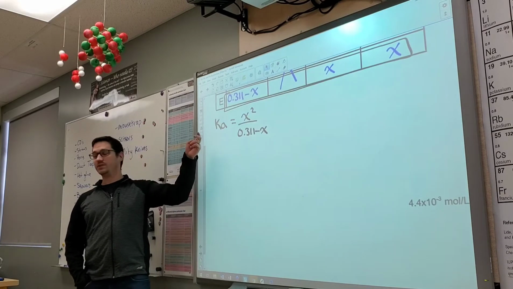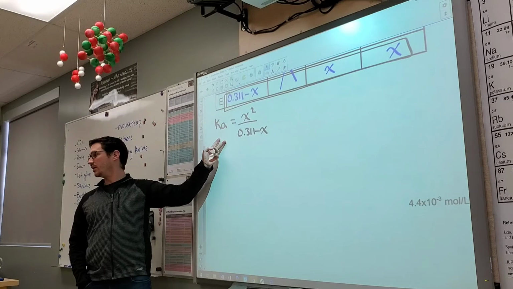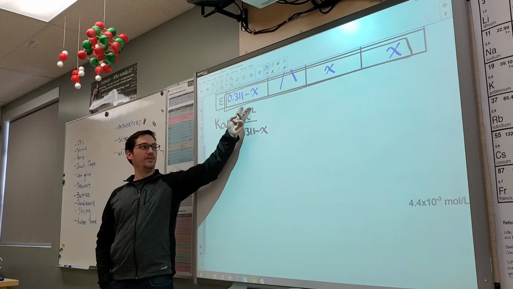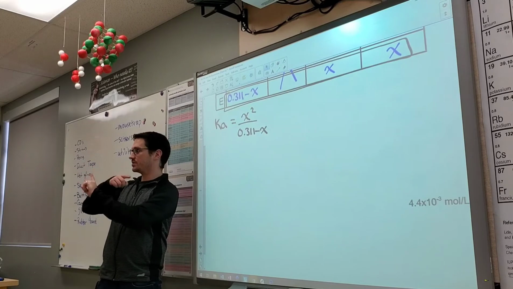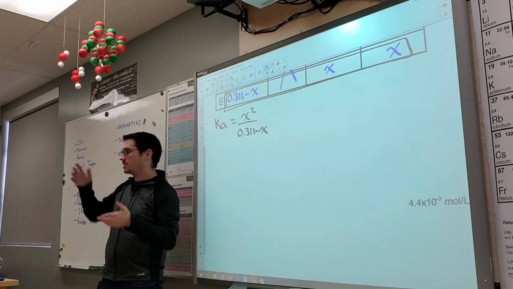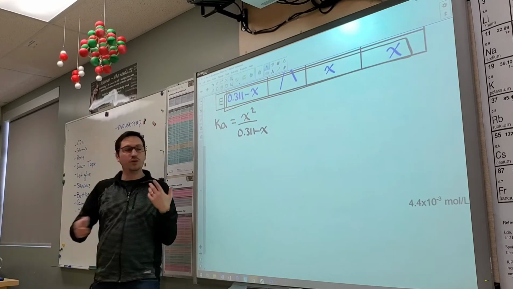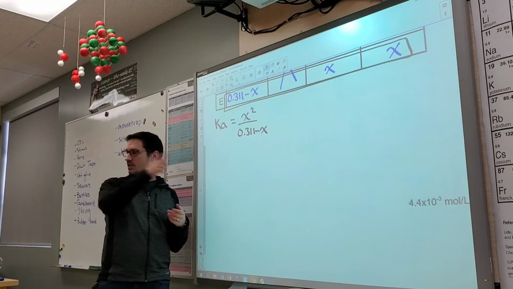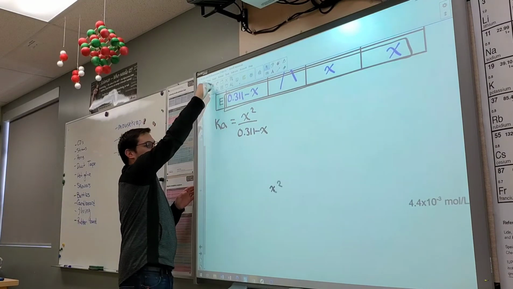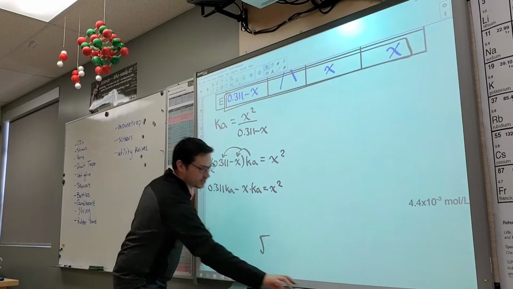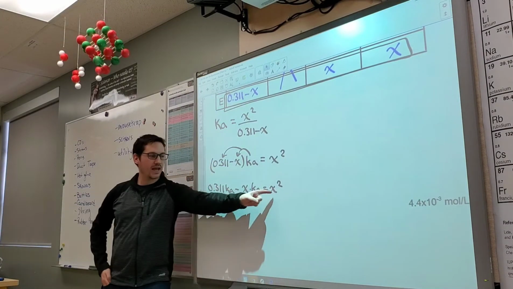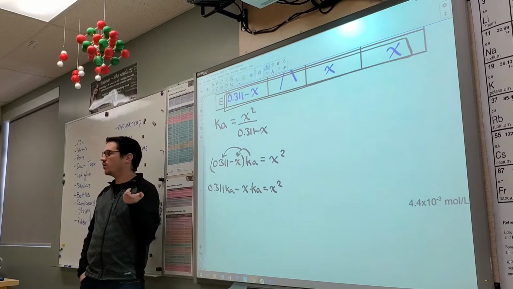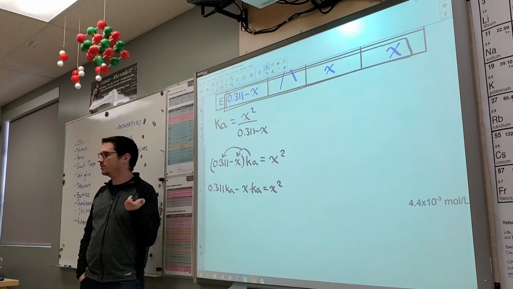We could put this as y1 in our calculator, put this whole thing as y2, and just solve wherever they intersect. You could also rearrange this, just like we did before, and get a quadratic equation. We can use the quadratic formula if you wanted to.